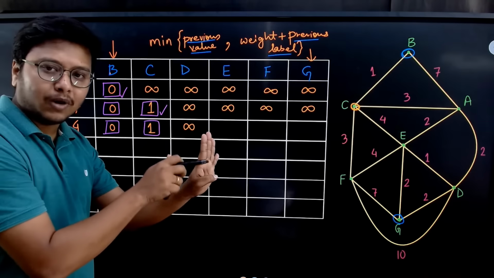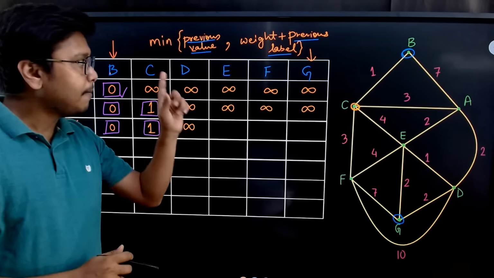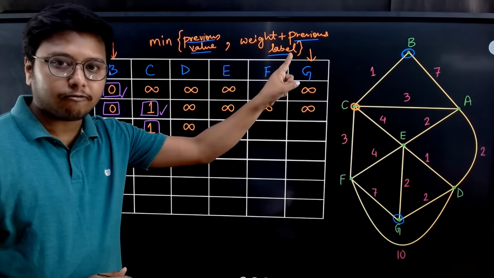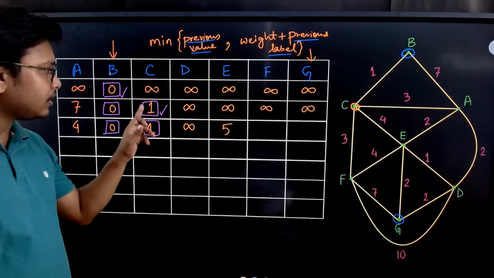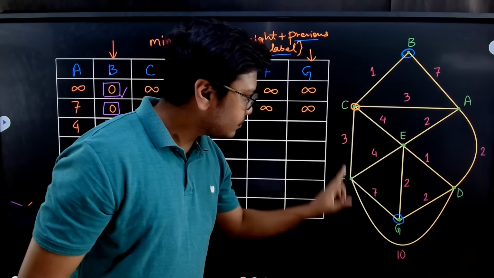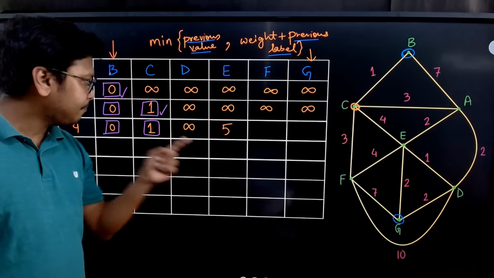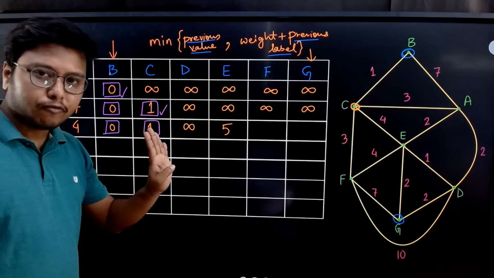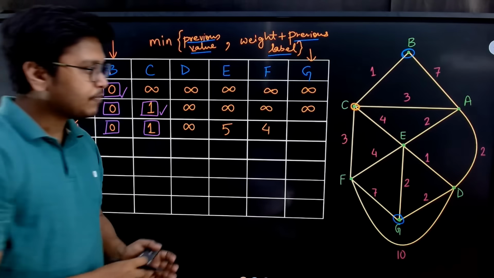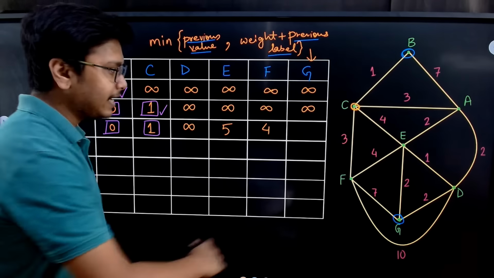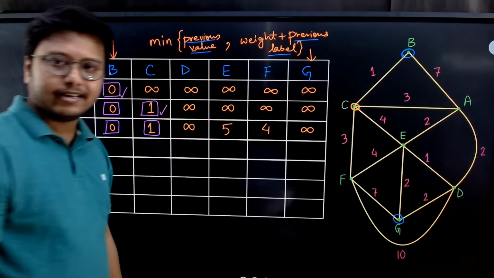So 4 plus 1, that's 5. So that means minimum of infinity, comma, 5. So that's going to be simply 5. Now from C to F, the weight is 3. 3 plus previous label, which is 1, so 4. So minimum of infinity, comma, 4. So that's going to be 4. From C to G, no direct connection, so it remains as infinity.